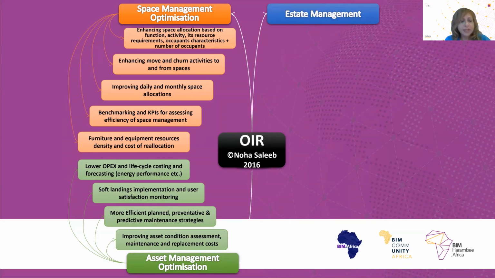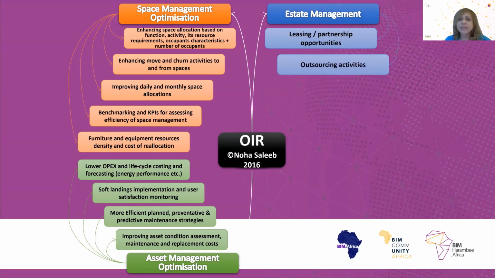Now, regarding the next one, which is the estate management, as we can see here, this is related to partnerships. So maybe improving or obtaining more partnership opportunities. Maybe you will want to lease the properties as opposed to selling them, for example. So improving the overall financial gains.